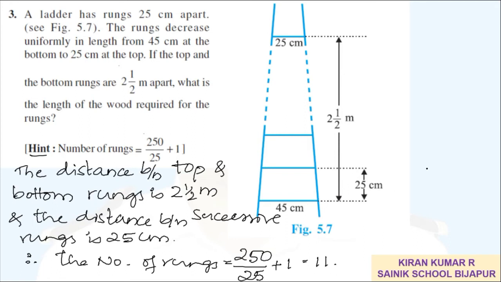The length of the rungs is increasing from 25 centimeter to 45 centimeter in the form of arithmetic progression. So what will be the first term? The first term will be 25 and the last term will be A11. What is A11? A11 is A plus 10D. A value is 25 plus 10 times of the common difference is 25 centimeter.